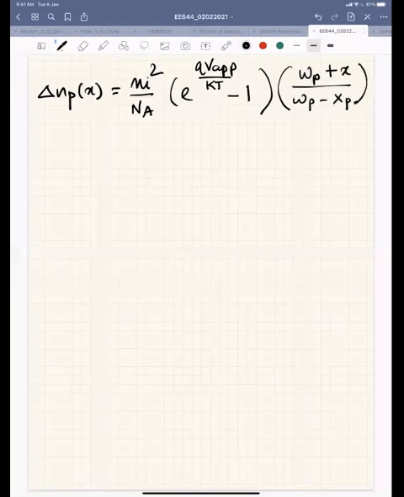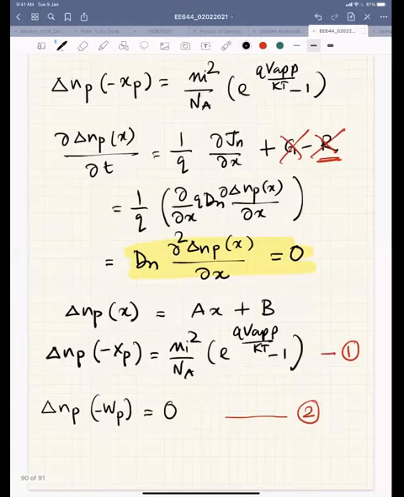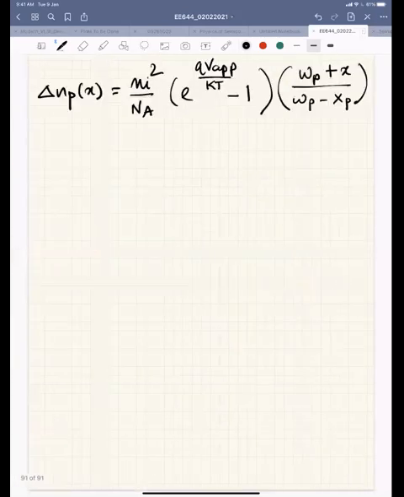You know how to solve it: delta np(x) equals ax plus b, and you know the two boundary conditions. If you put them in and find a and b, it will be in this way.